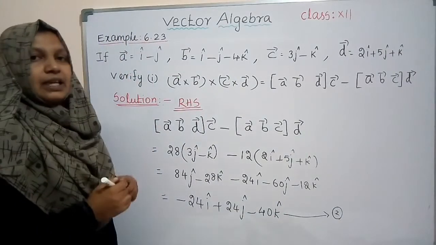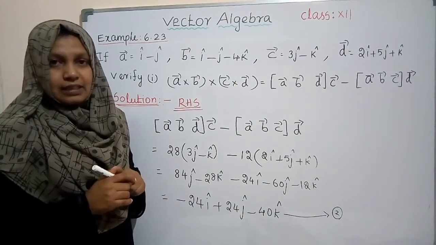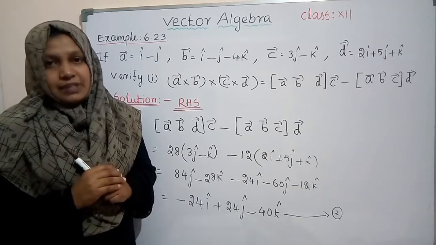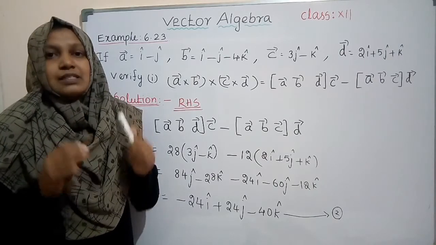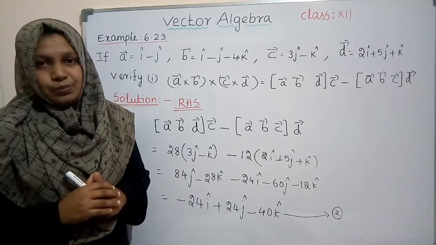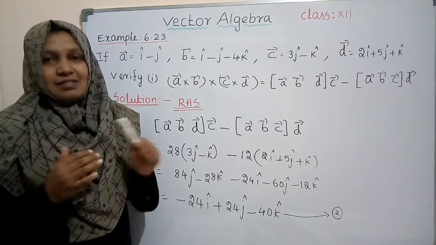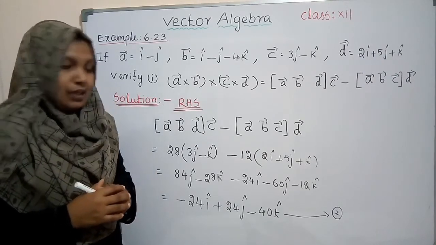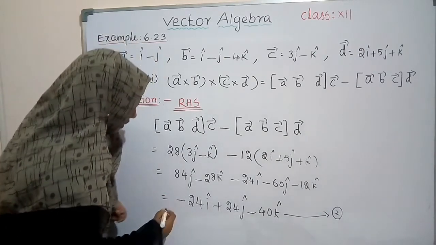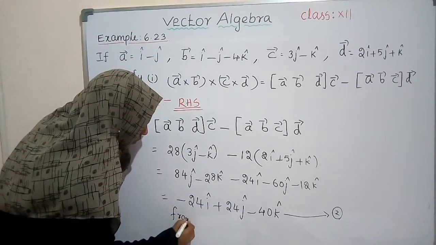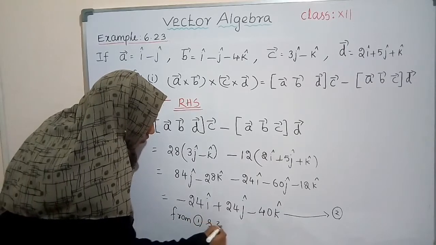Okay, after getting this right side answer, compare your left side answer and right side answer, that is equation number 1 and 2. So after comparing 1 and 2, what will you get? LHS is equal to RHS. Okay, so we should write that from 1 and 2, they are equal.